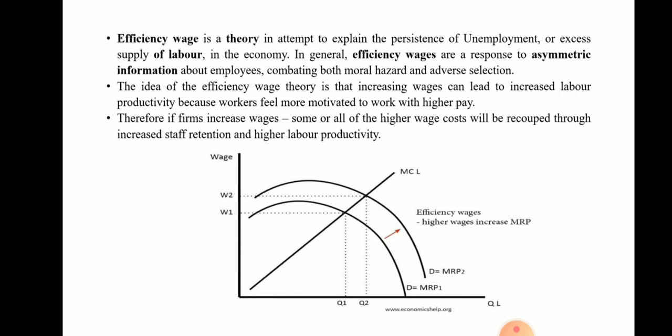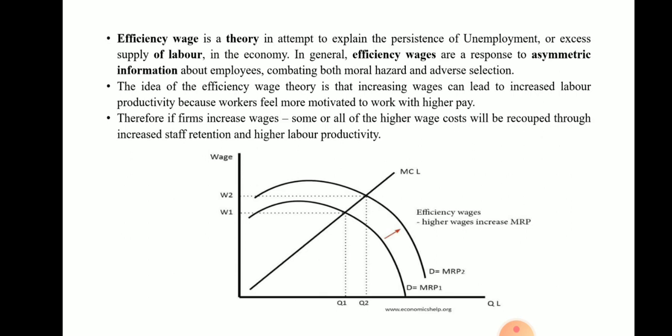In general, efficiency wages are a response to asymmetric information about employees, combating both moral hazard and adverse selection. The idea of efficiency wage theory is that increasing wages can lead to increased labor productivity because workers feel more motivated to work with higher pay.